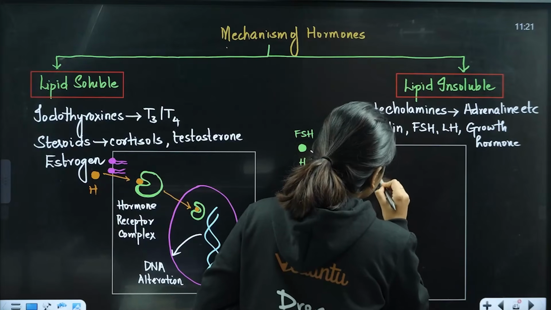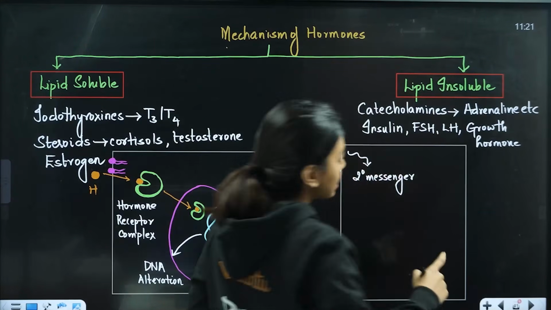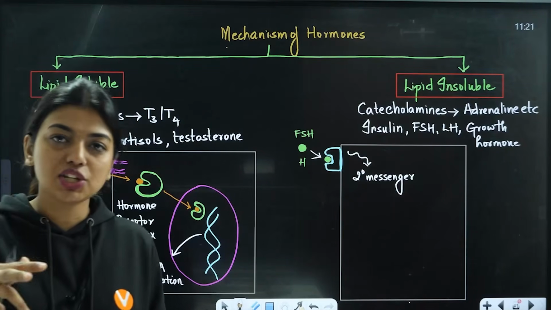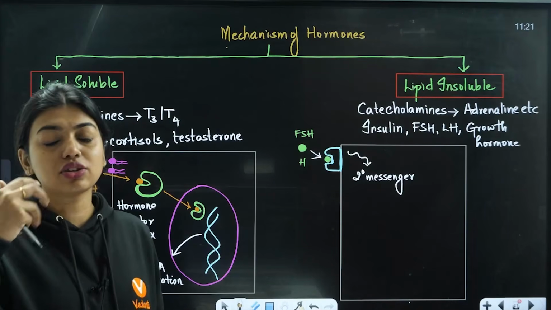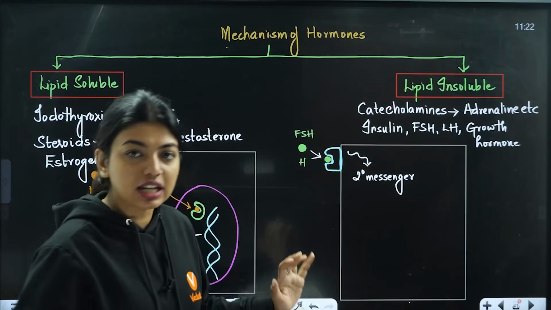Secondary messengers, students. Actually many secondary messengers are there. You have cAMP, cGMP, calcium, inositol. So through the secondary messengers the message is sent.